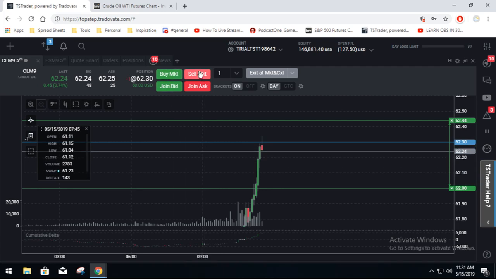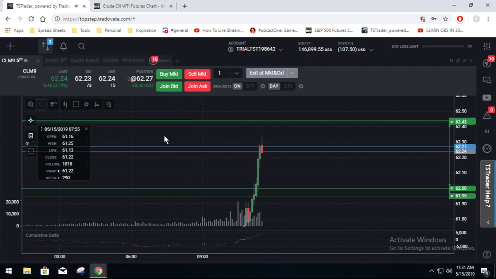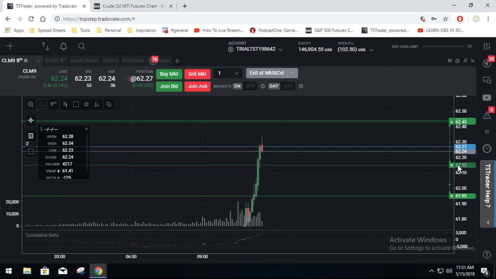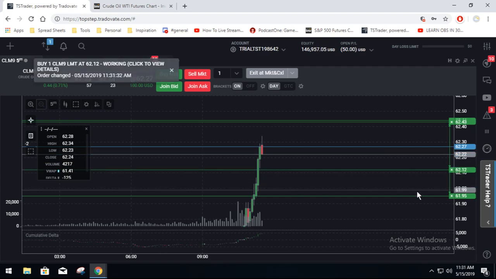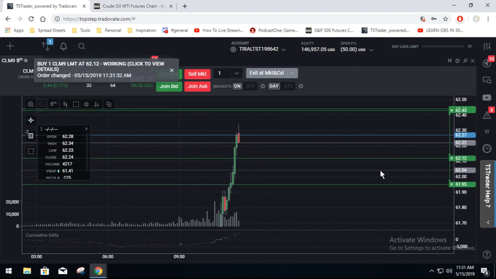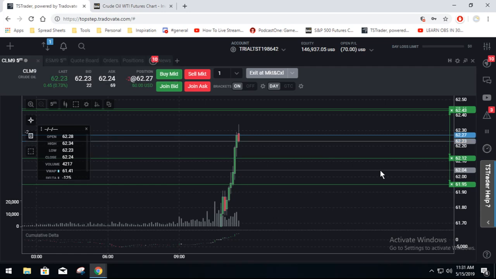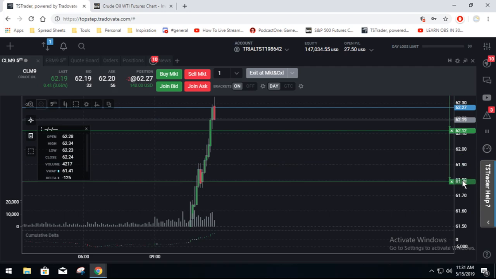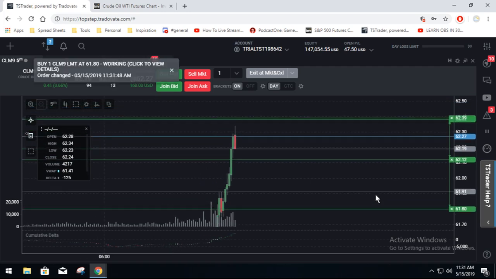There's a London close, sell market. Add one contract. Close one. 62.15s, 12s. Use the extension. Wait for the nodal value. This will become my take profit now.